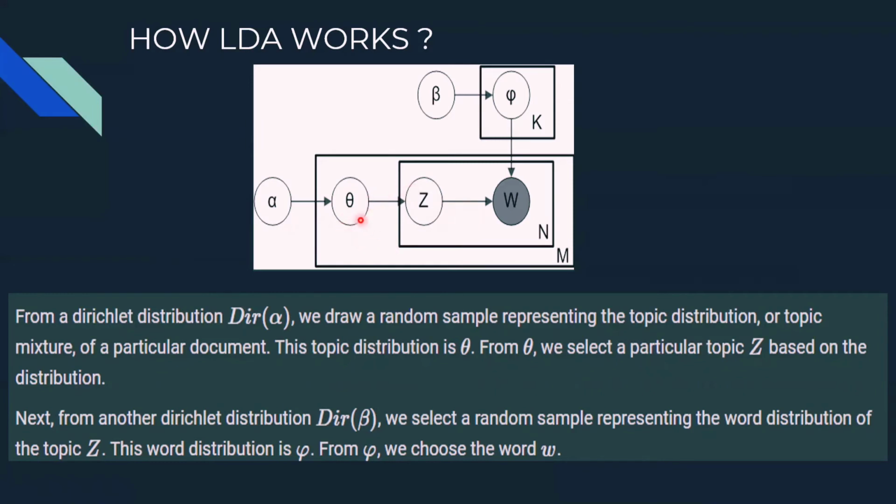This theta is taken from a particular document, and beta is another Dirichlet distribution, from which we select the word distribution of z, called pi, and from that pi we choose the word w, which is in the topic z. This is the basic working of LDA.